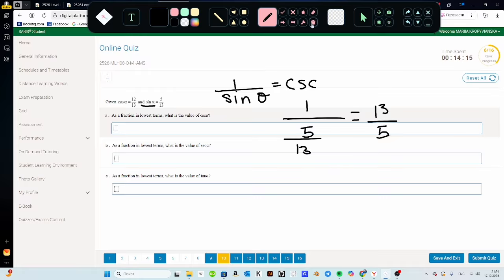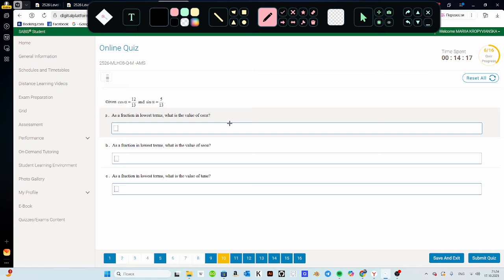Moving on to the next question. As a fraction in lowest terms, what is the value of secant A? So we do the same thing. Secant is equal to 1 over cosine theta. But that's actually the same thing as we did in the previous one. We already have the value of cosine.